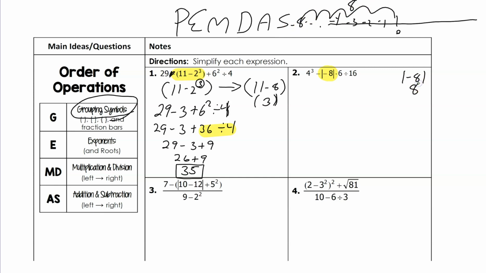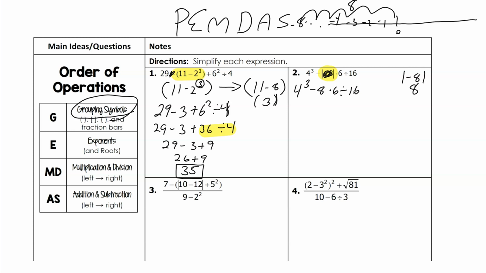So this absolute value of -8 is just 8. So we can go ahead and replace -8 with just an 8 and get rid of those bars. So that'll get us 4 cubed minus this right here, which is now just 8, times 6 divided by 16.